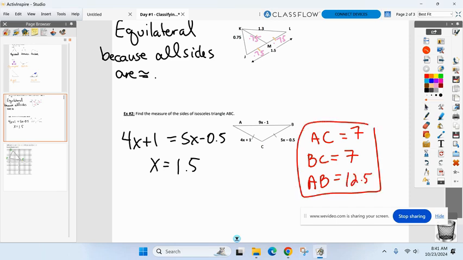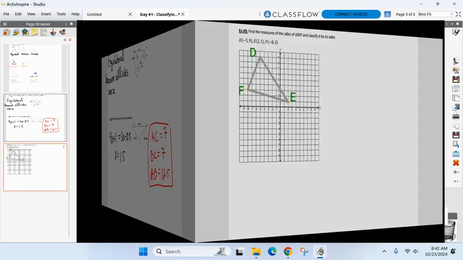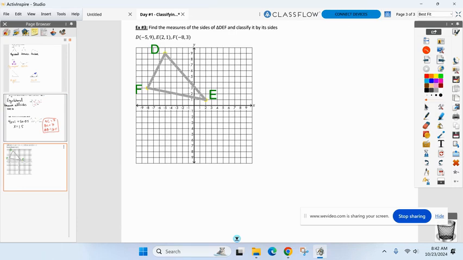All right, everyone good? All right, I love this last one we're gonna do. I love it. Why do I love it? Because you're gonna hate it. That's why I love it. All right, find the measures of the sides of DEF, and tell me what type of triangle it is. So I'll give you guys a minute to graph it.